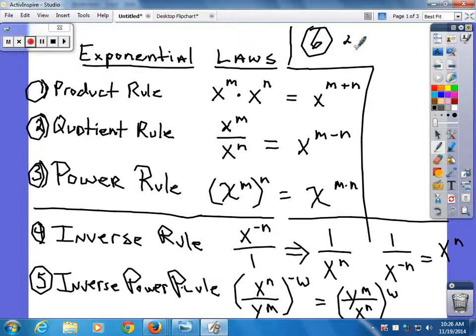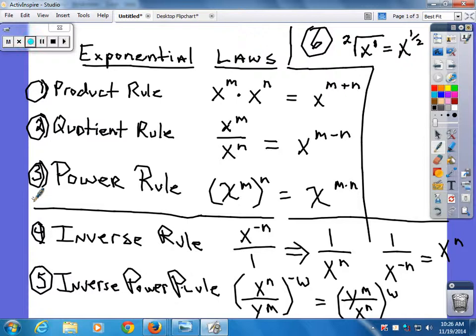The square root of x to the first power is equal to x to the 1/2. I don't write it in terms of x and n because that's an easy rule for you to remember.